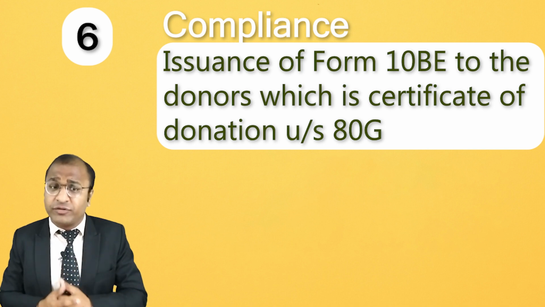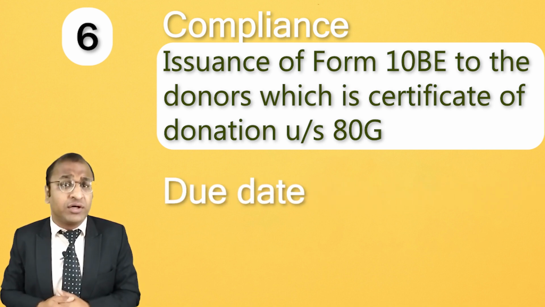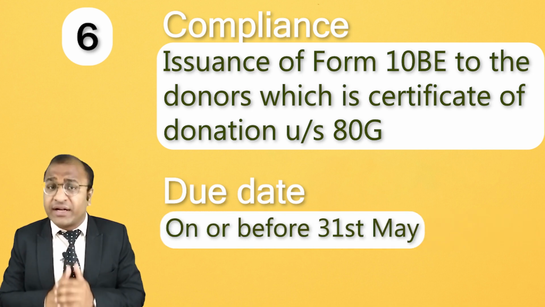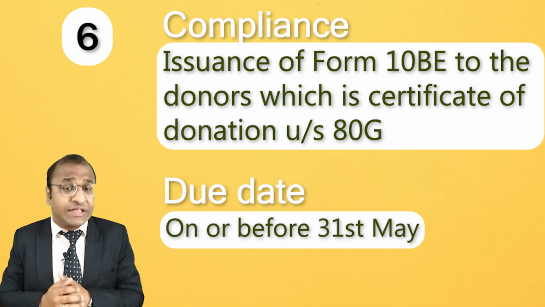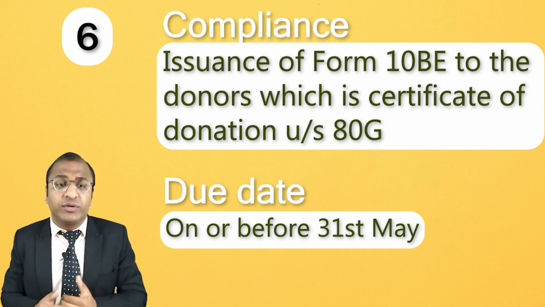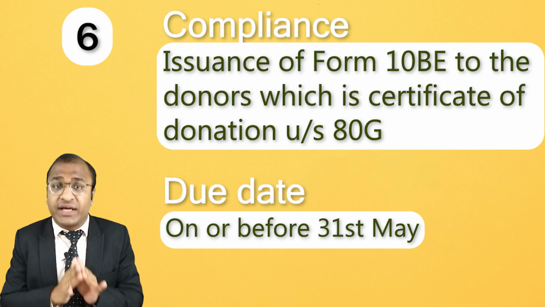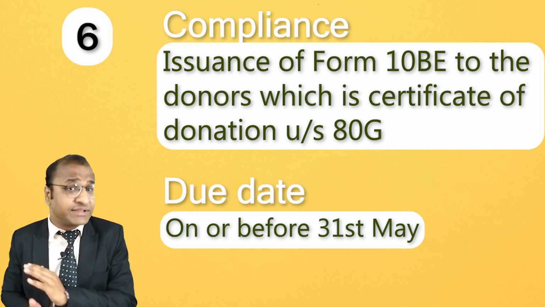Now, as per the provisions of the Act, such certificate has to be issued to the donor on or before 31st May of the assessment year relevant to the financial year, which implies the organization needs to file Form 10BD at least a few days before the due date of 31st May so that the certificates can be generated and issued to the donors within the time limit prescribed.